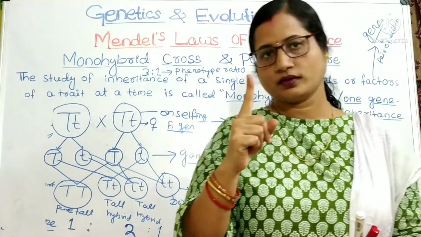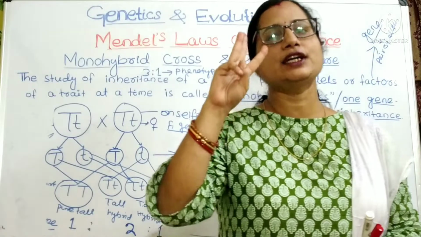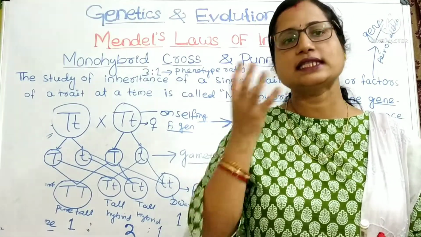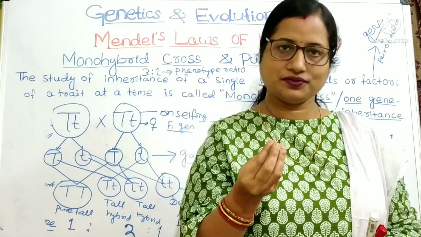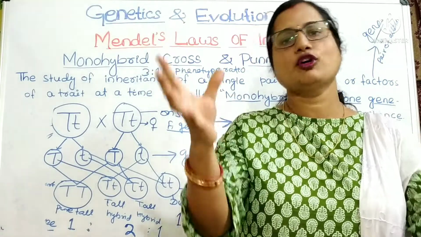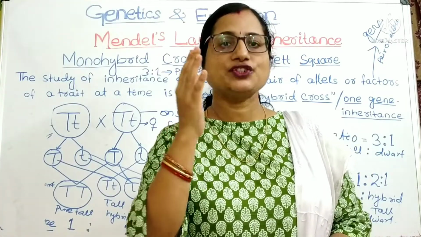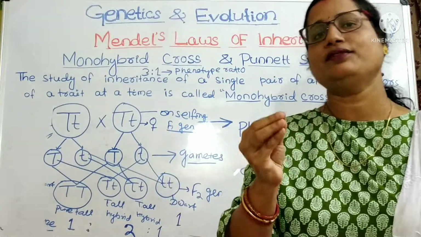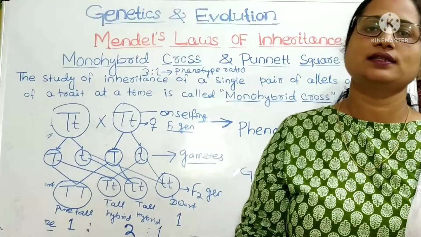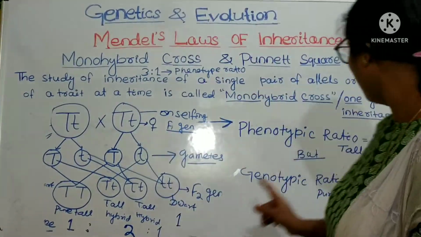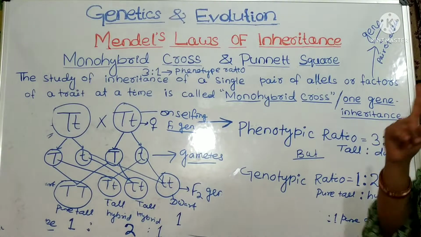3:1. Because three are tall and one is dwarf, because we cannot see the genotype in morphological. But when we study the genotype of these plants of a monohybrid cross, we can get 1:2:1 ratio.